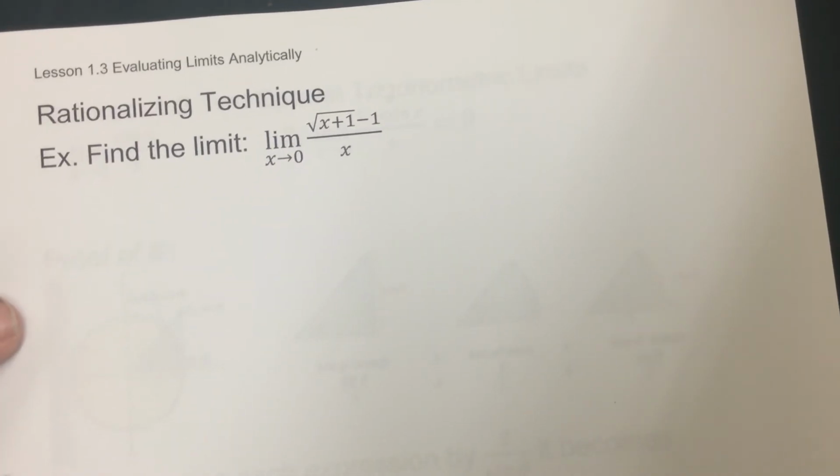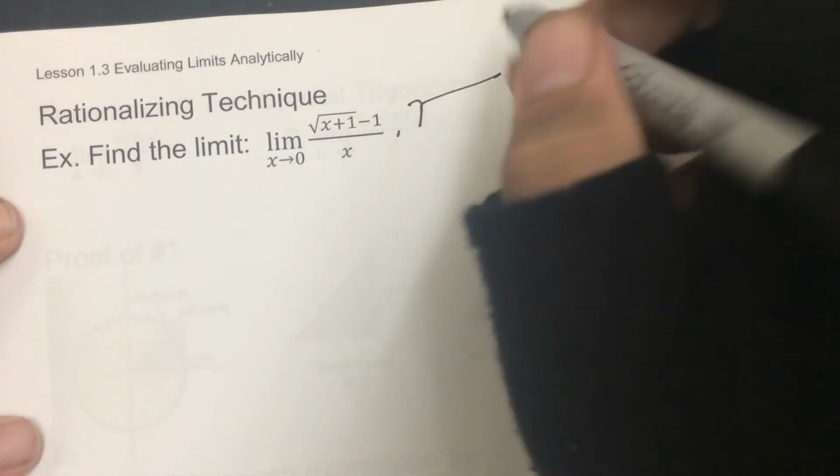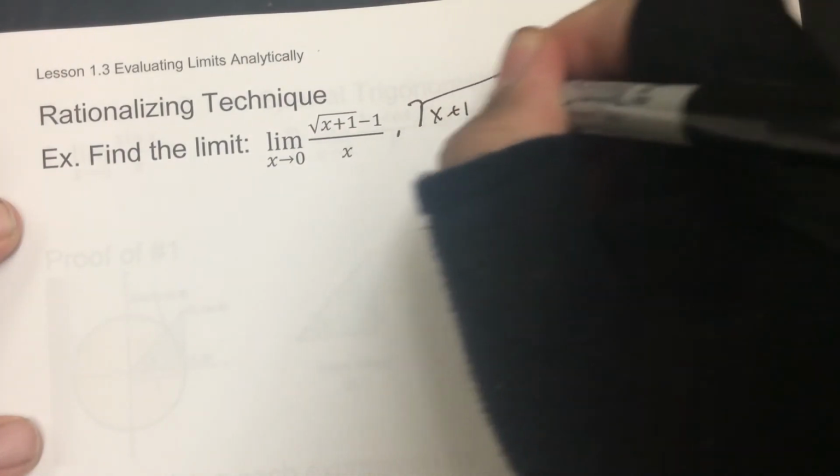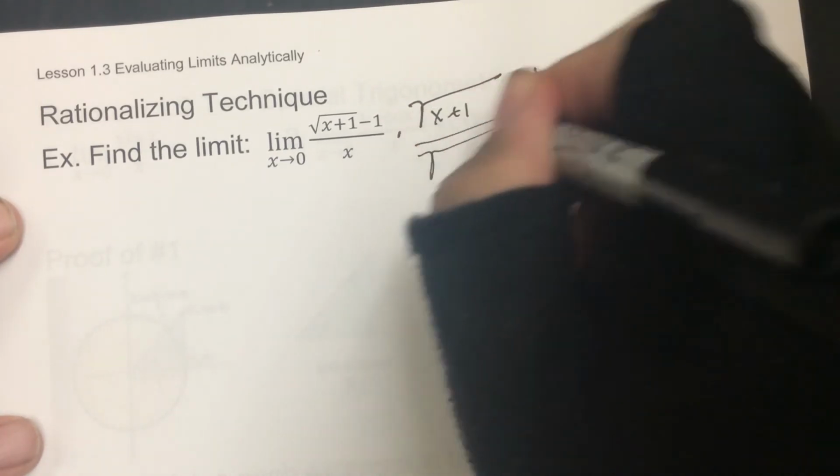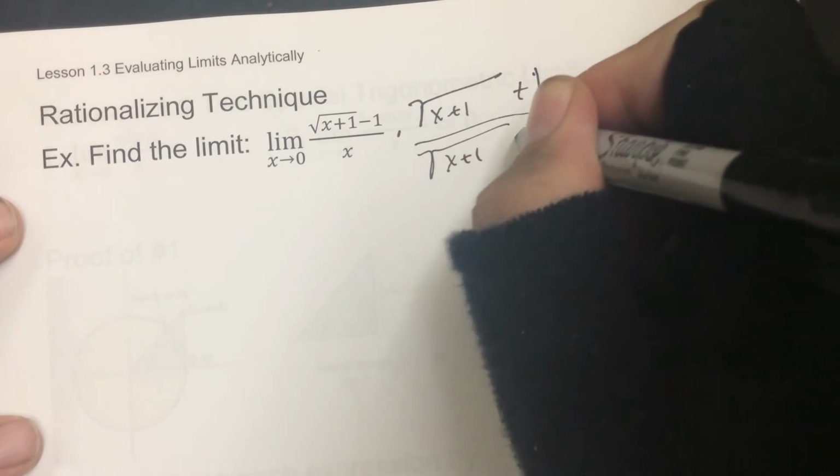All right, so this one here, we can't necessarily put 0 in. However, we could rationalize this by multiplying it by its conjugate. So the square root of x plus 1 plus 1, because it's a conjugate, over the square root of x plus 1 plus 1.